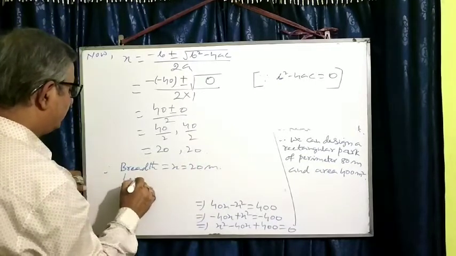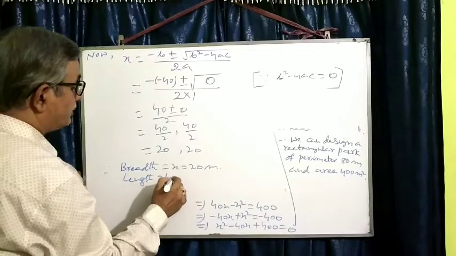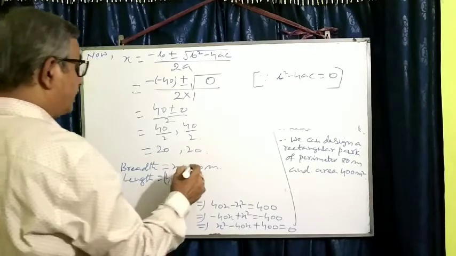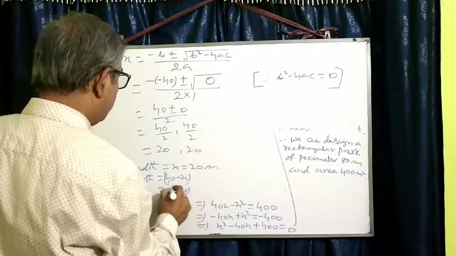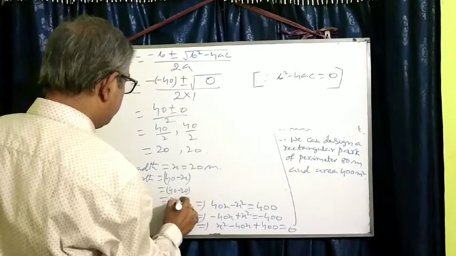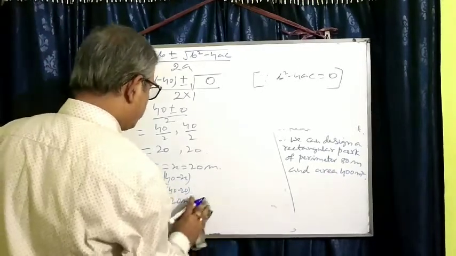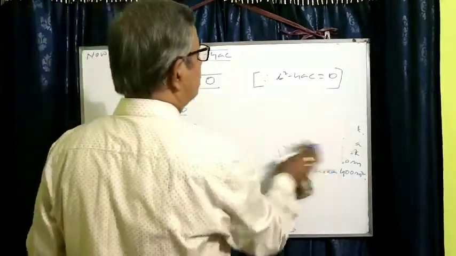Length is equal to 40 minus x. So 40 minus 20, that is equal to 20 meter. My dear students, you got 20 meter. I think you understood.